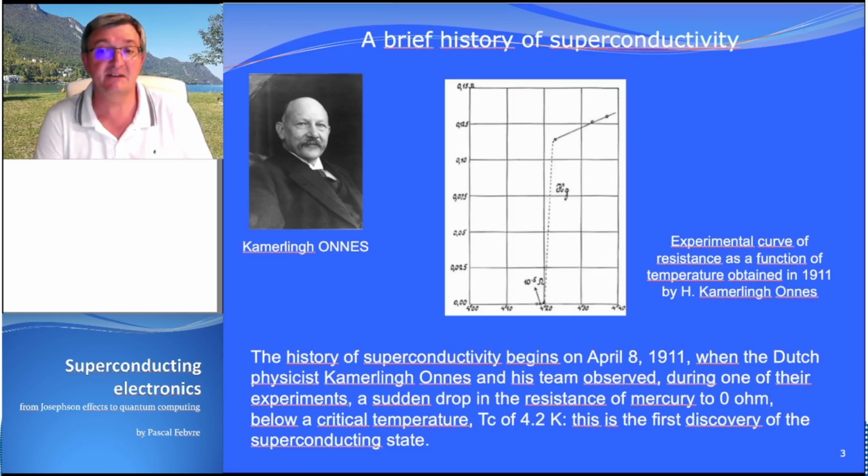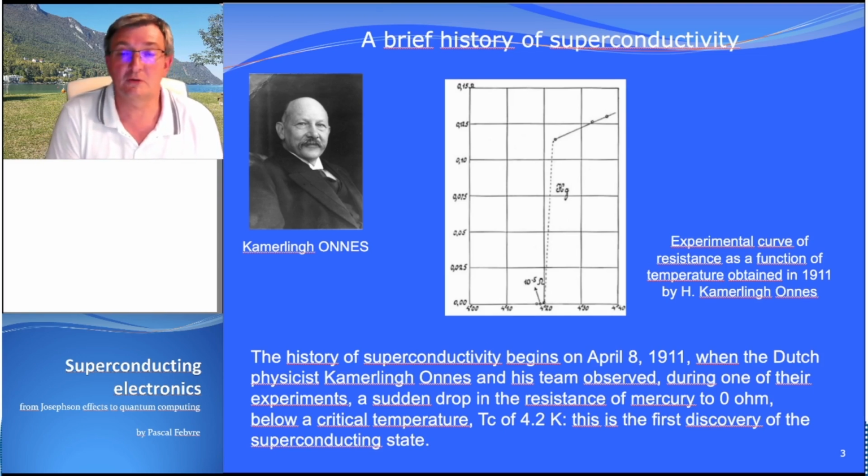Basically, superconductivity has been discovered in 1911, a bit more than 1 century ago, by Kamerlingh Onnes in Leiden, when he was doing with his students some experiment about mercury that has been cooled down to 4.2 Kelvin. It was a temperature possible when helium was liquefied, which has been liquefied for the first time by Kamerlingh Onnes.